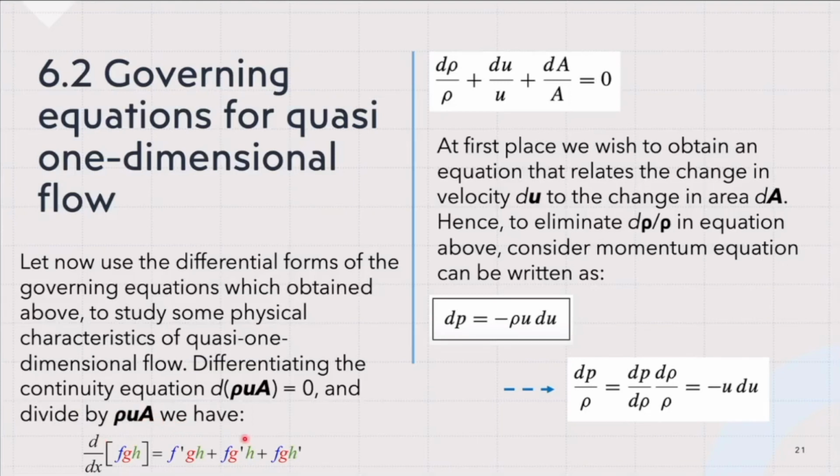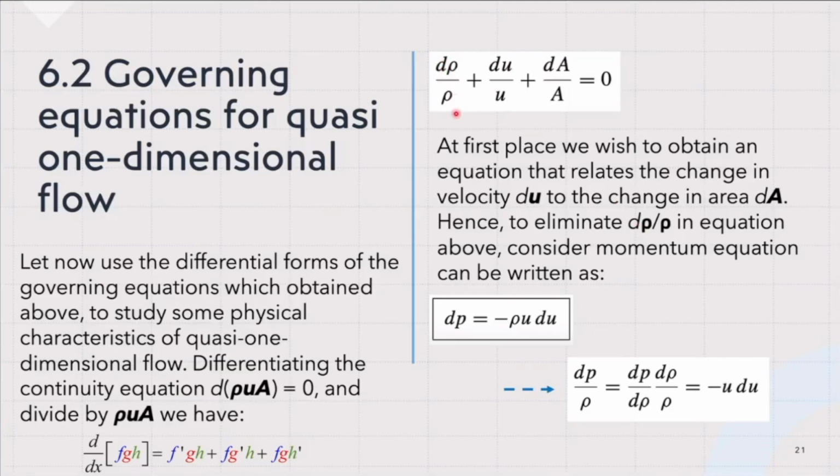So we have this, and at first we wish to obtain an equation that relates the change in velocity du to the change in the area itself.